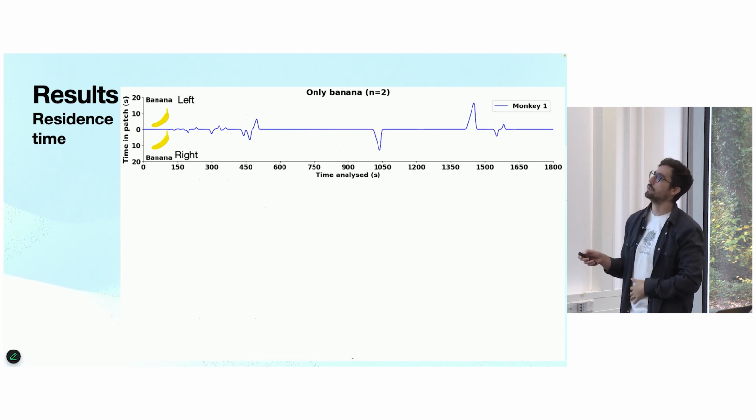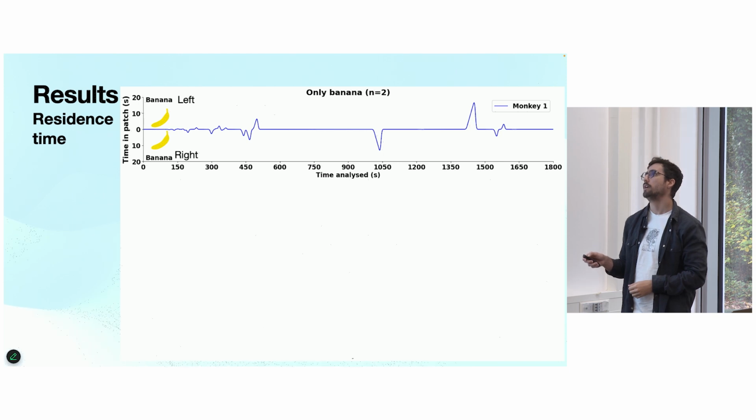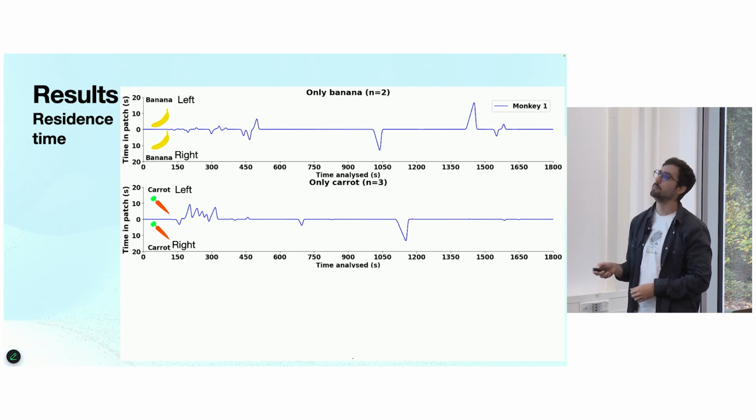So we can see that they don't spend so much time in each patch food, but they have this exploratory behavior. They go to the left, see what's there, go to the right, see what's that, and then come back, and so on. When we present only carrot, we can see almost the same behavior.